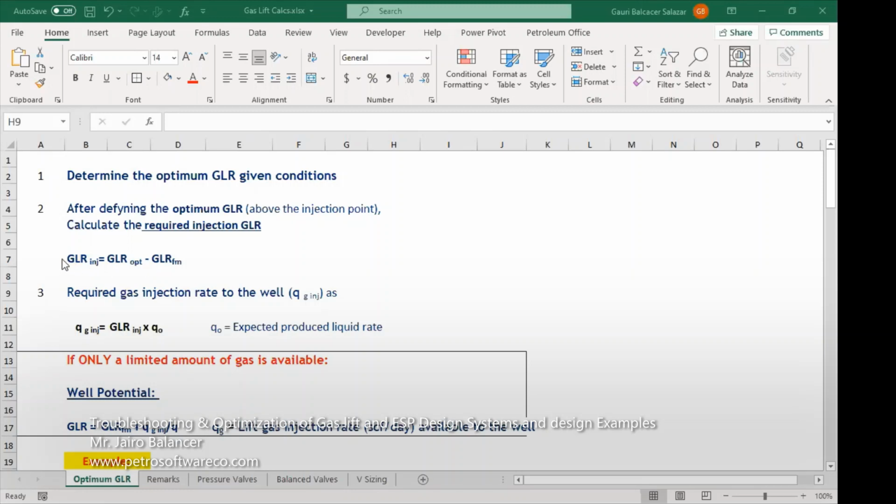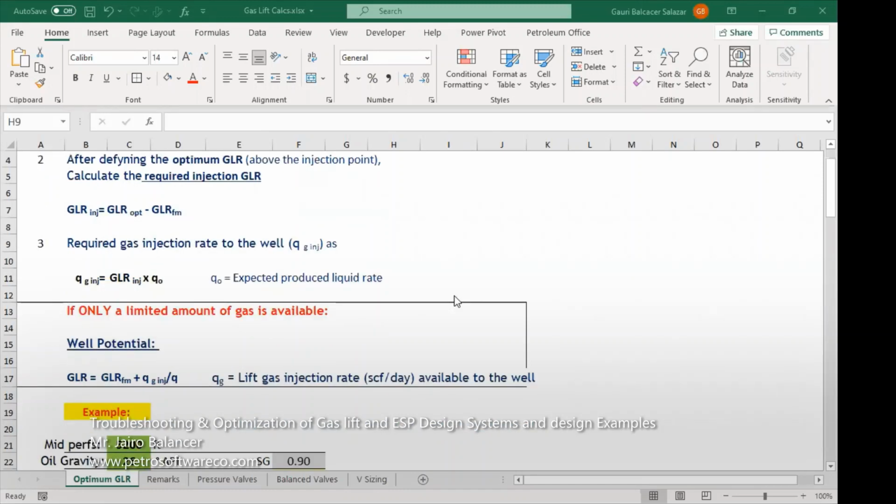By using this formula, the gas lift ratio injection is the optimum minus the formation gas lift coming from the formation. So the required gas injection to the well is the gas lift injection times the rate, which is the expected production, the expected gas lift ratio injection.